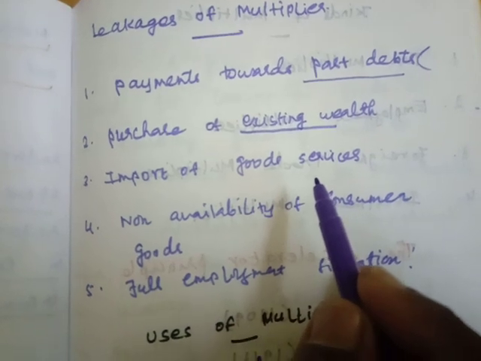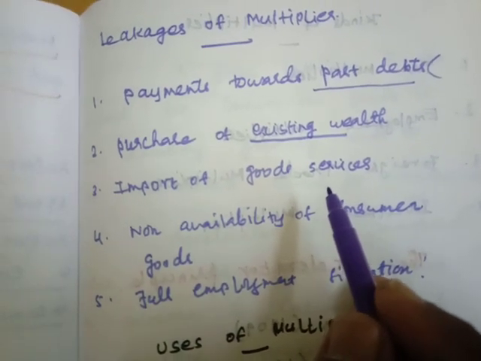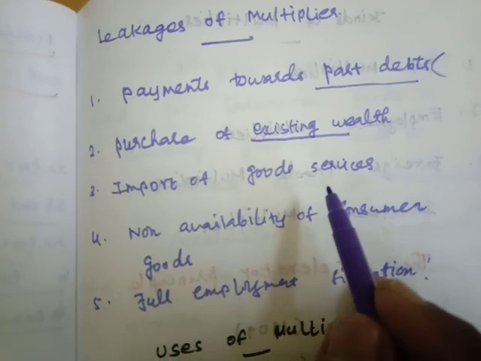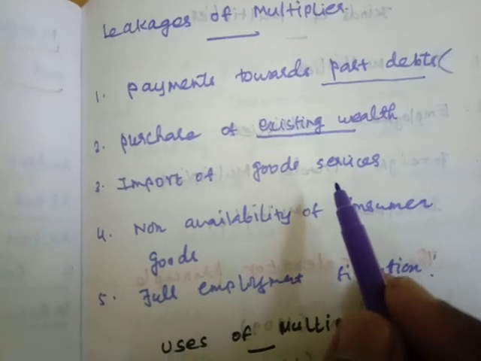It is not helpful for increasing the consumption stream. As a result, the value of the multiplier is affected.